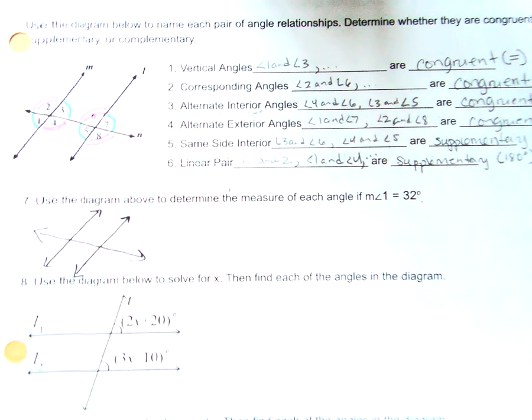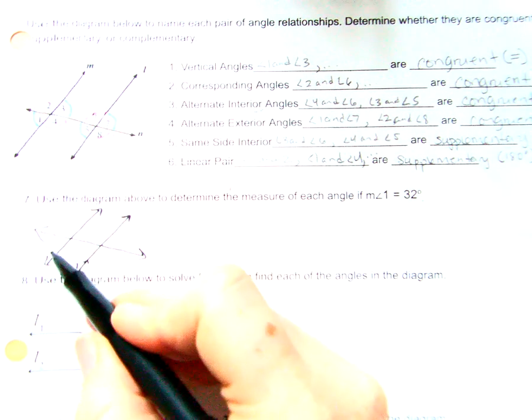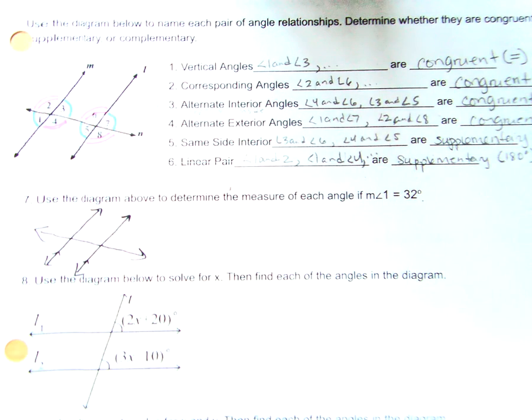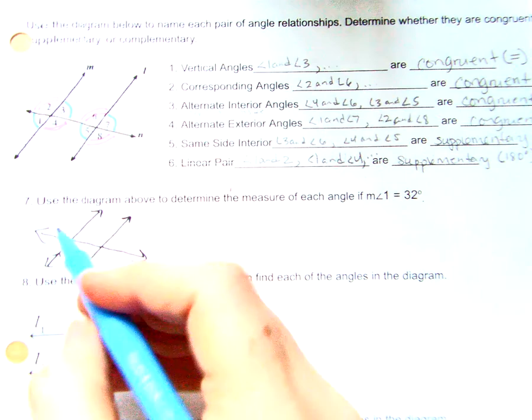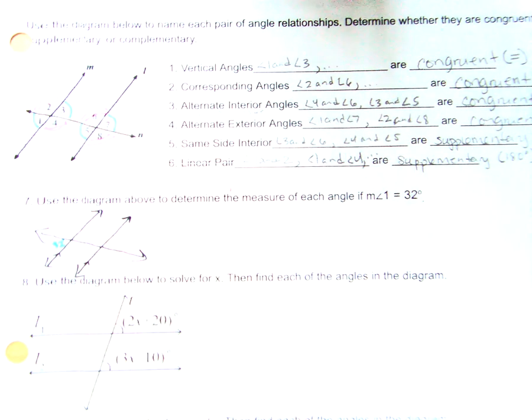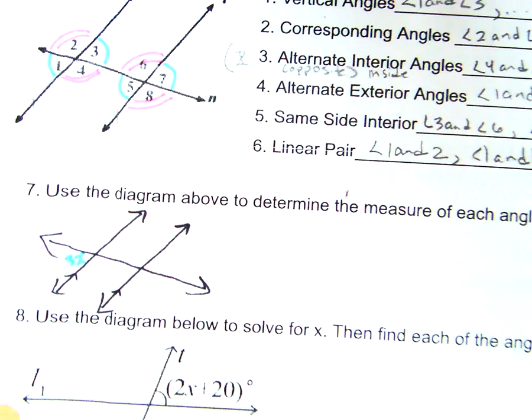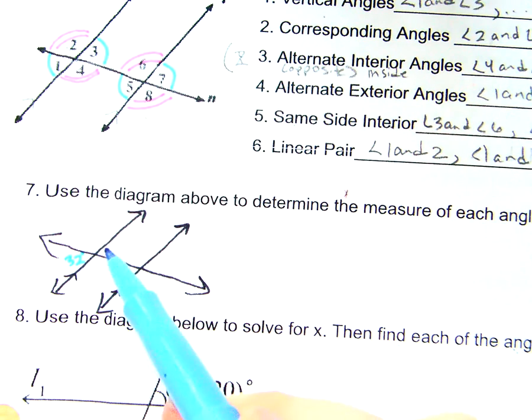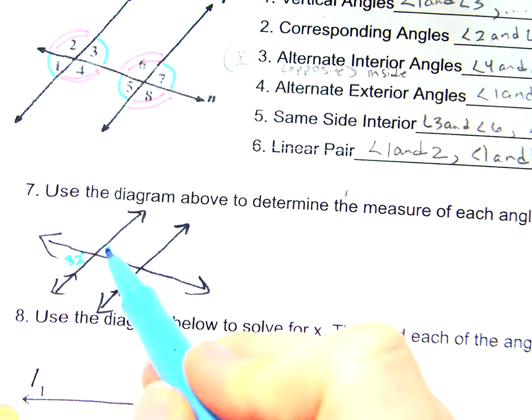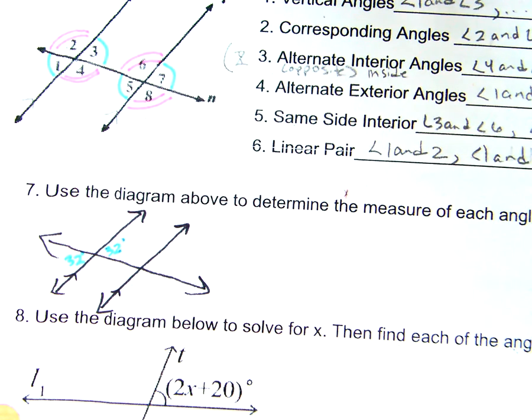So, assuming that these are parallel, if we know that the measure of angle 1, which is this acute angle right here, is 32 degrees, what that tells me is that all these little acute angles, I'm going to zoom in here, will also be 32 degrees. So you can see 32, vertical to 32, these are equal, so that has to be 32.